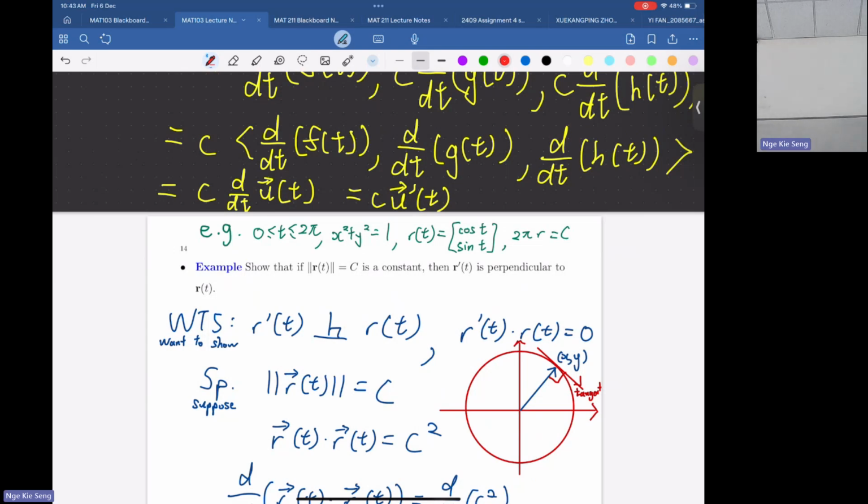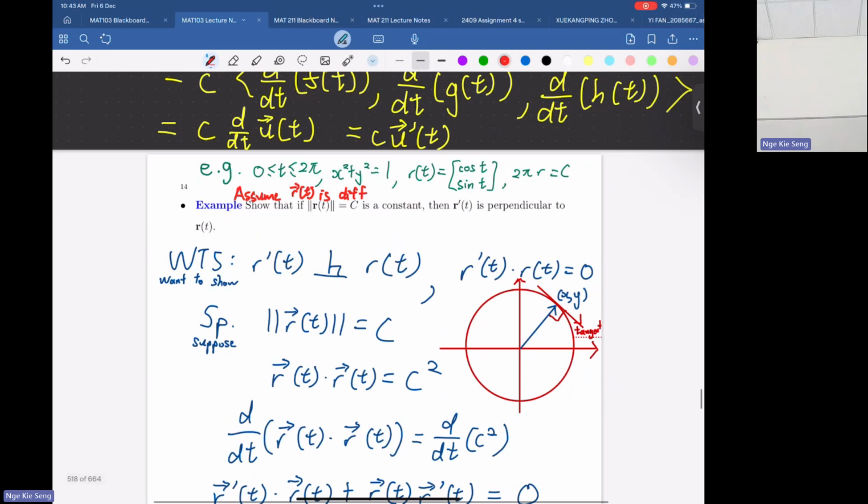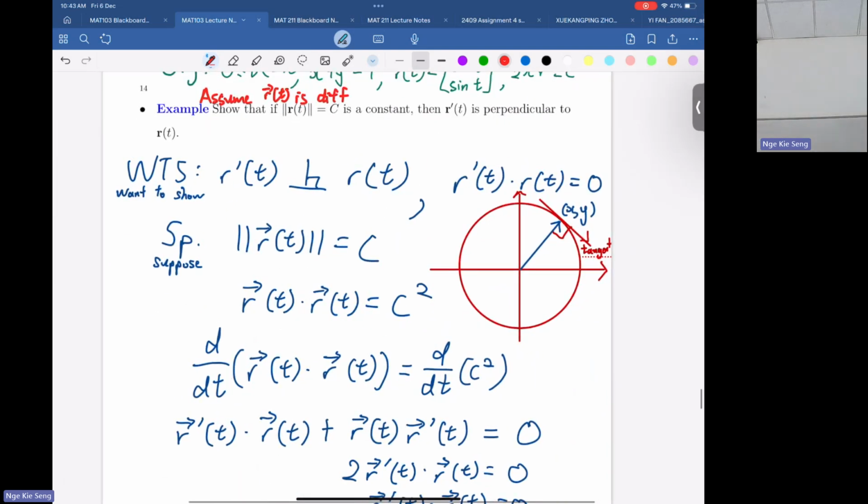How to go from r(t) to r'(t)? You just differentiate. I think you should assume that r(t) is differentiable also in this case. Then you can differentiate both sides.